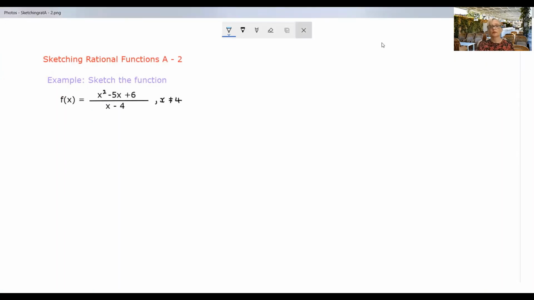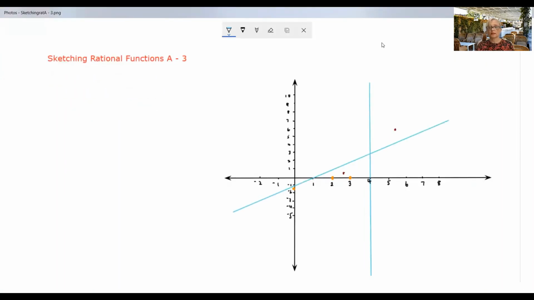I've ruled one up in preparation just to make things a little bit easier. Now, normally we do our asymptotes with dotty lines, all right, but I don't have that facility on this whiteboard. So to do a dotty line, it wouldn't have looked like a straight line, I'm afraid. But this is the vertical asymptote, x equals 4. This is our oblique asymptote, y equals x minus 1. I've also marked in orange our intercepts.